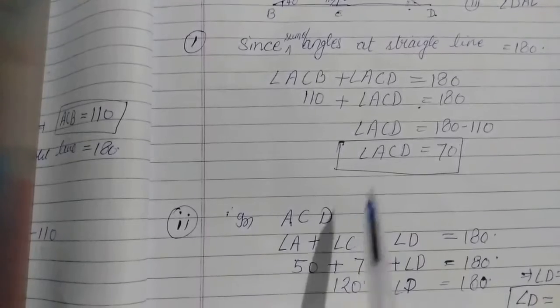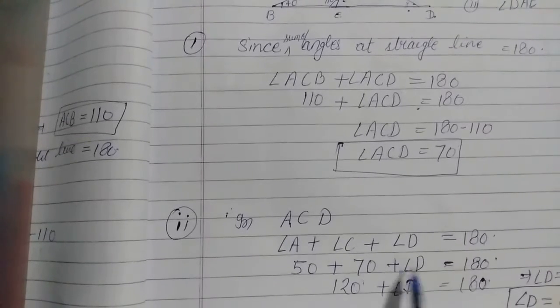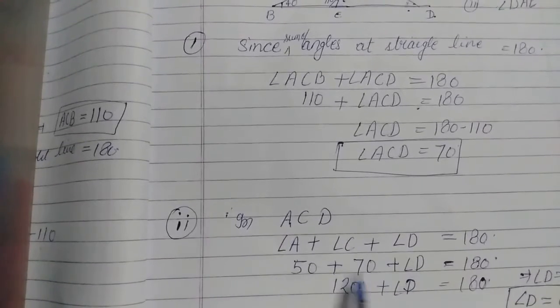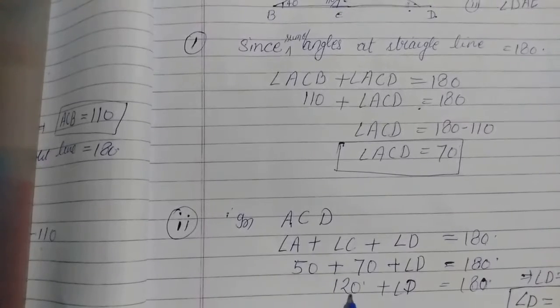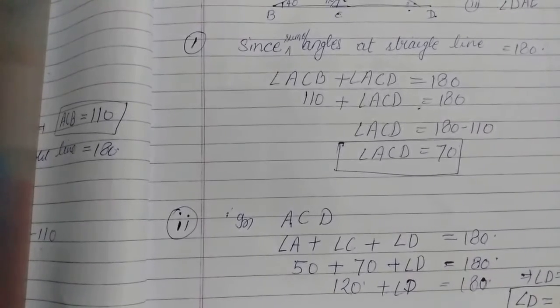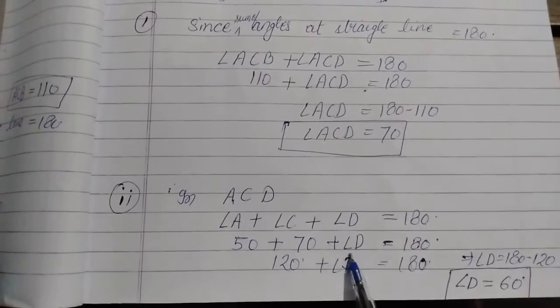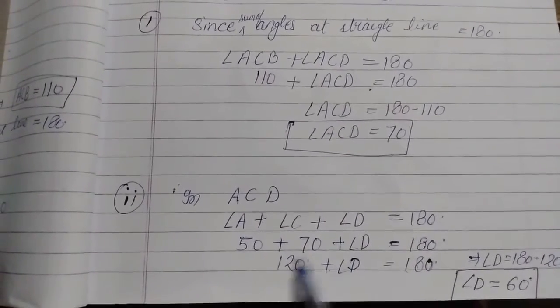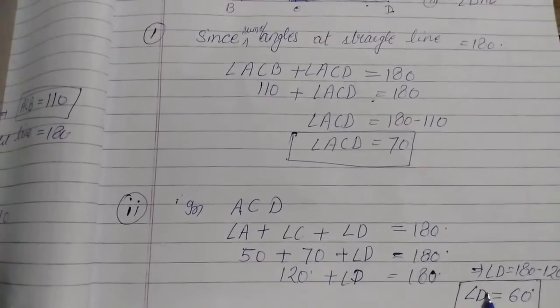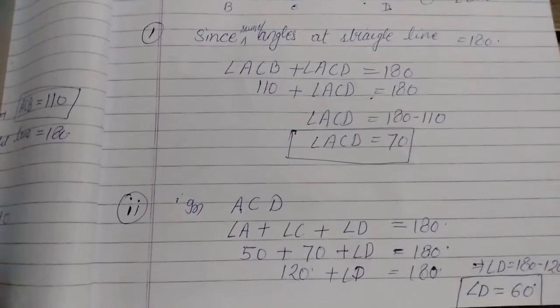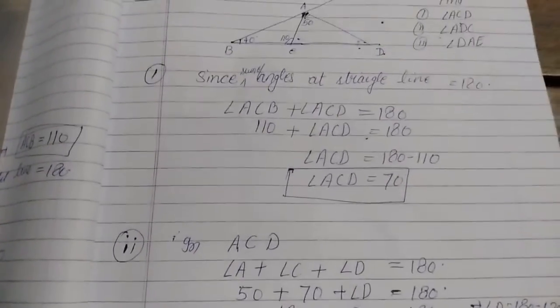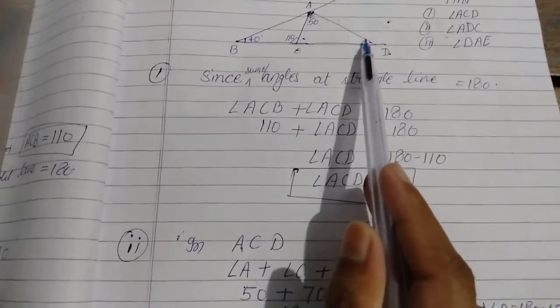This is given, and this we have found, 70, and D is D. Now 50 plus 70 is 120, 120 plus D is equal to 180 degrees. Now D is equal to 180 minus 120. That means D is equal to 60 degrees. Okay, so we have found this D.